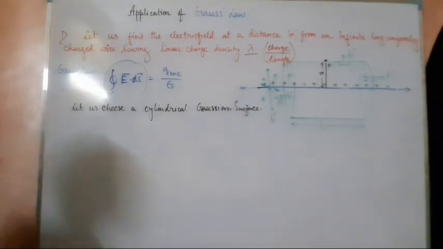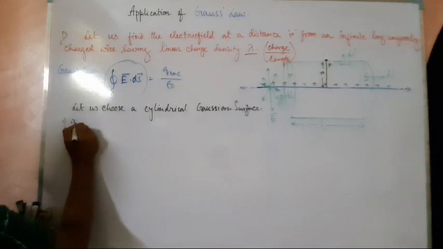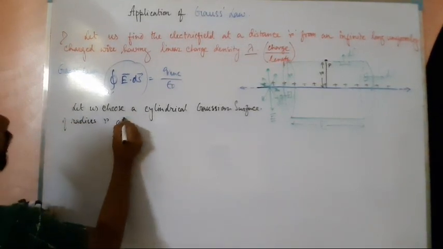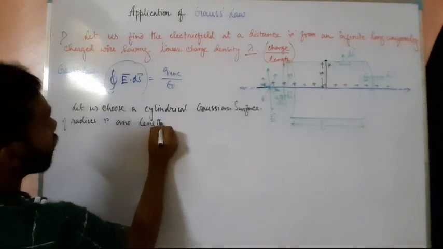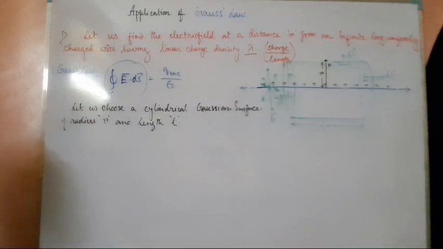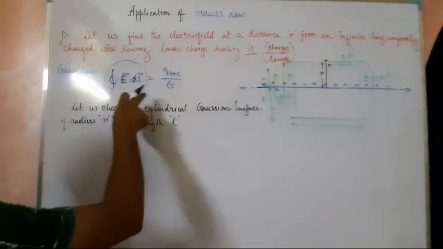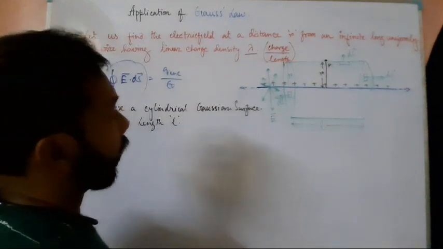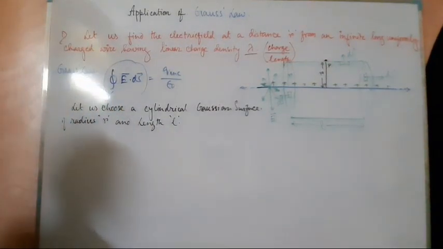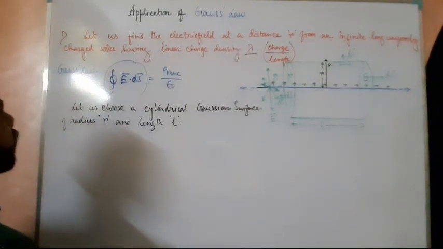The idea behind choosing the cylindrical Gaussian surface is explained right now, of radius r and length L. Now we have to find the total flux, and then we have to equate the total flux with the total charge enclosed. Okay, let us do it.